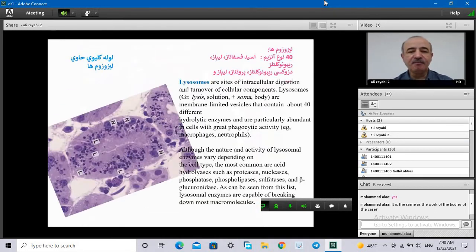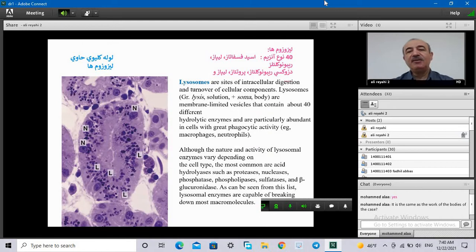Okay, the other organelle that lives within the cytoplasm is the lysosome. The lysosome is a vesicle. It is enclosed by a membrane, and it contains enzymes for digestion within the cytoplasm.